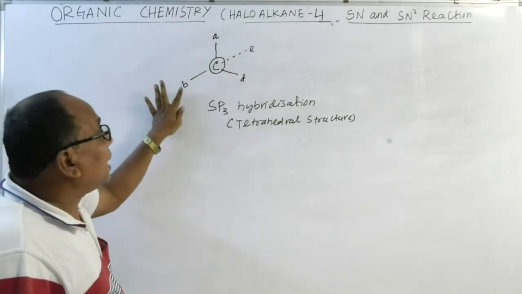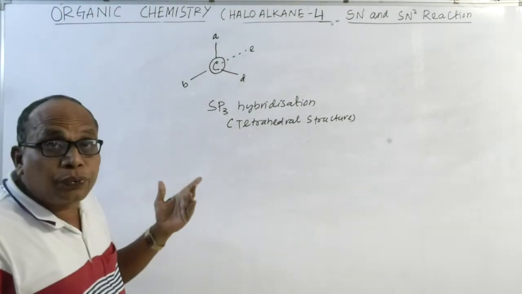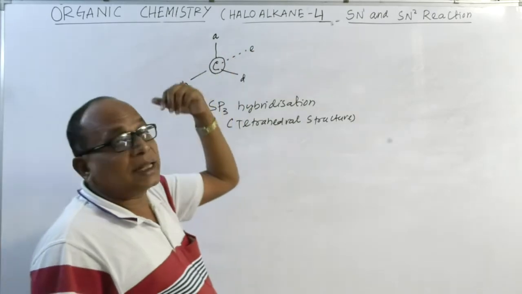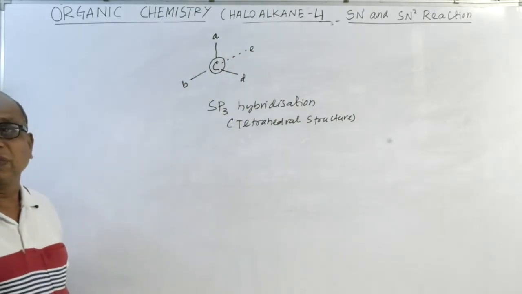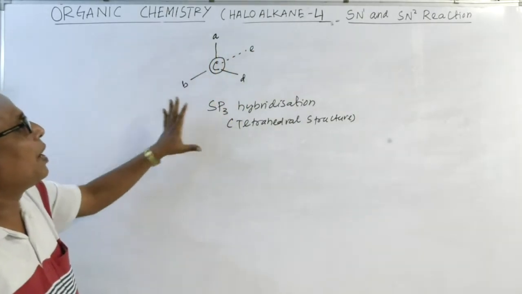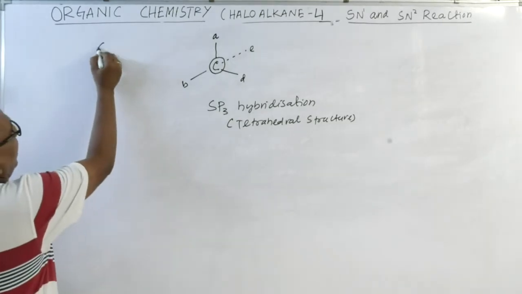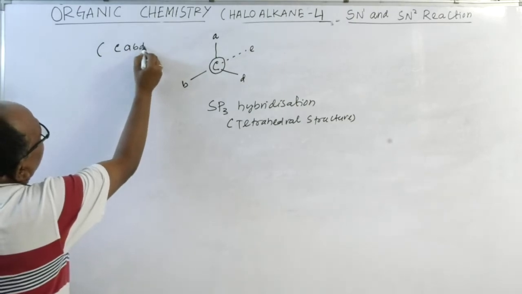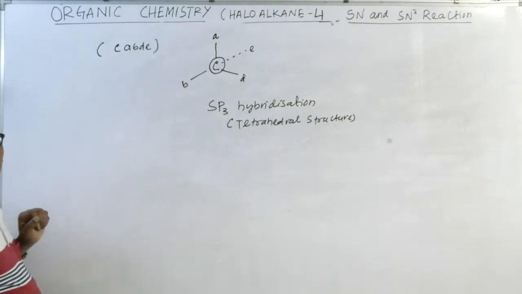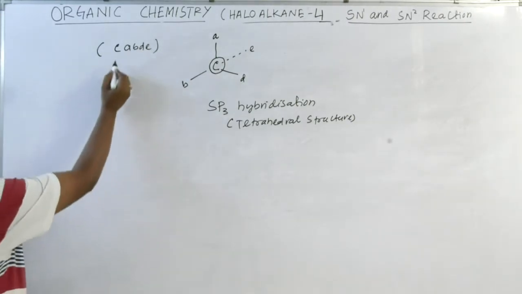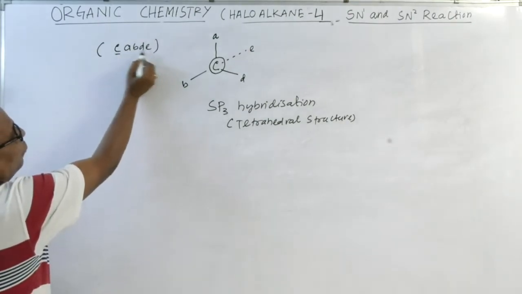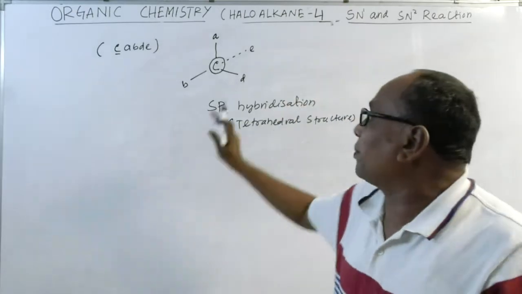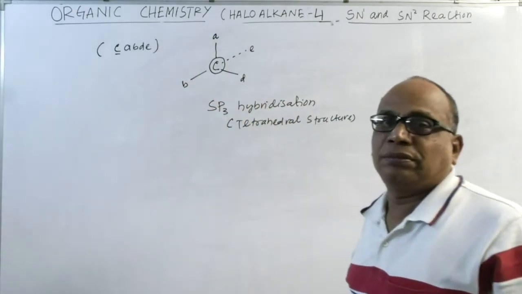B is another atom or group, D is another atom or group, and E is another atom or group. This is one of the structures of a compound having the formula CABDE. That means carbon bonded with 4 different atoms or groups.